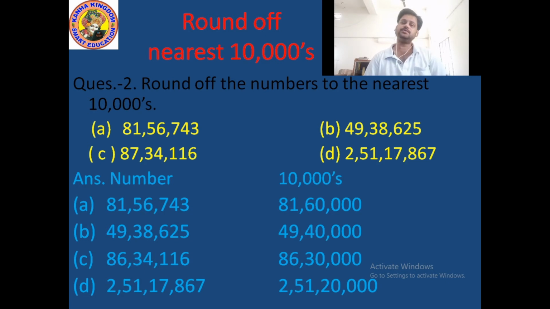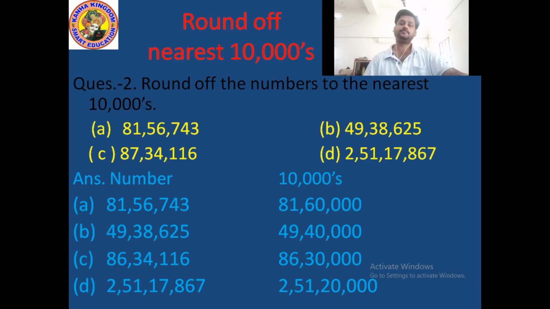In nearest 10,000, you check two place values. Which two place values? Yes, when you find the nearest 10,000, you check the 1000 place value and the 10,000 place value. So the question is: round off the number to the nearest 10,000.